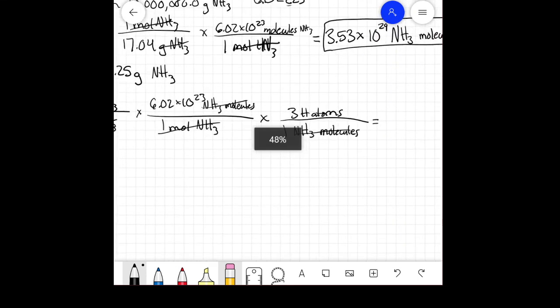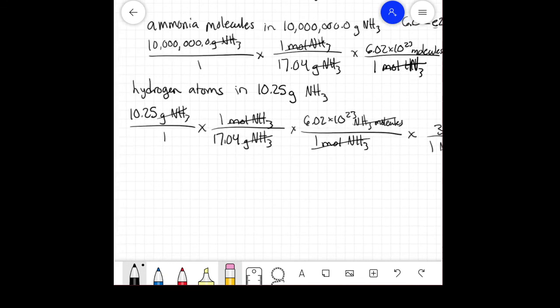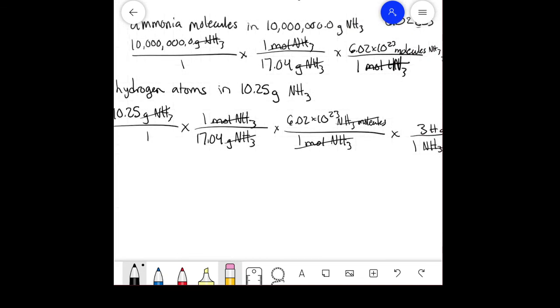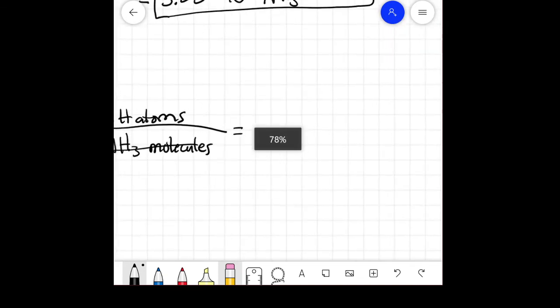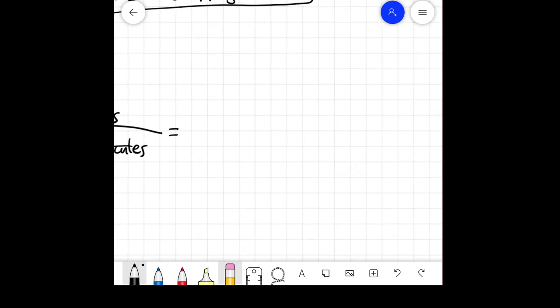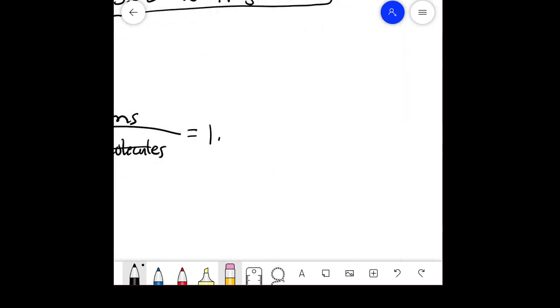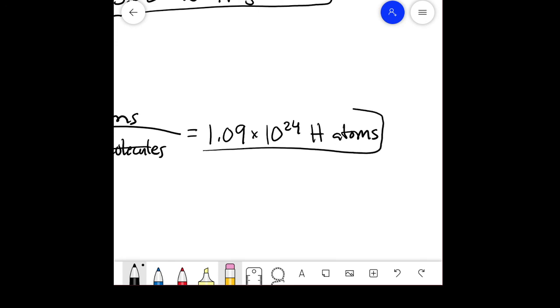And then you're going to take this whole long equation, plug all of this into the calculator, and you will get that there are 1.09 times 10 to the 24th hydrogen atoms in 10.25 grams of ammonia.